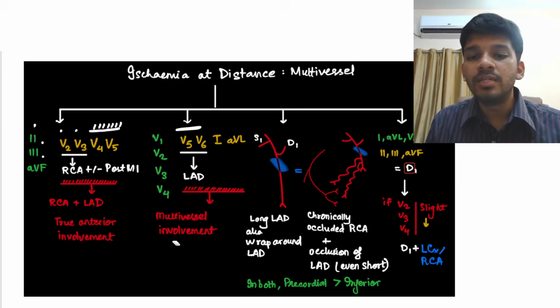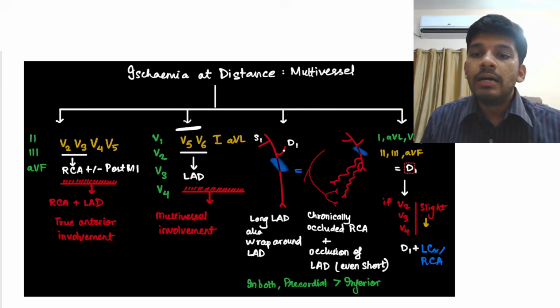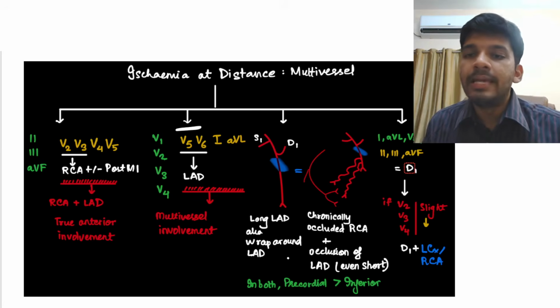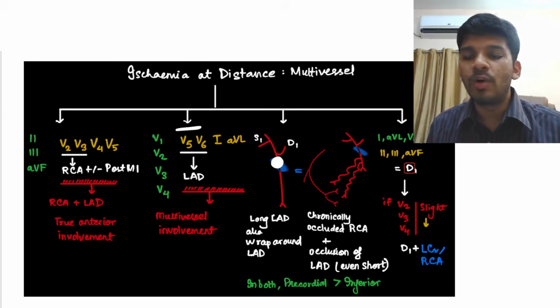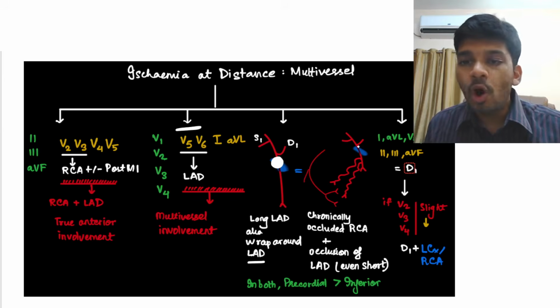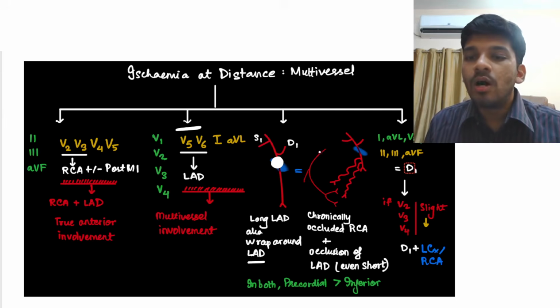Taking this concept a bit further on how you predict multi-vessel involvement, think of a long LAD. A distal occlusion of a long LAD will be involving an extensive part of the apex. Okay, that is also called a wraparound LAD. Compare it to a short LAD but a chronically occluded RCA, which is getting collaterals from this distal LAD.